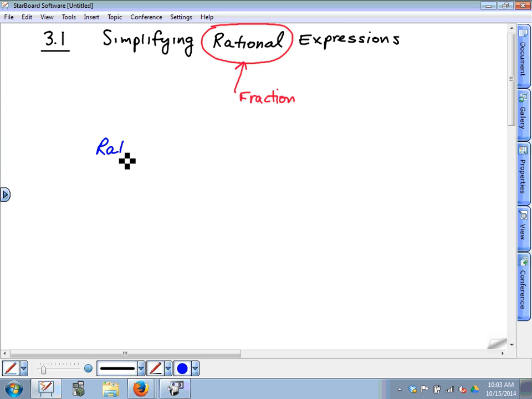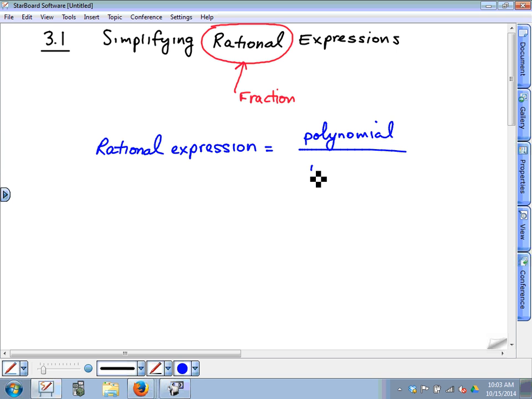A rational expression is slightly different. So write this down. Rational expression equals a polynomial divided by another polynomial. That's a rational expression.